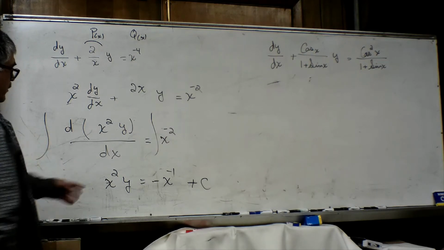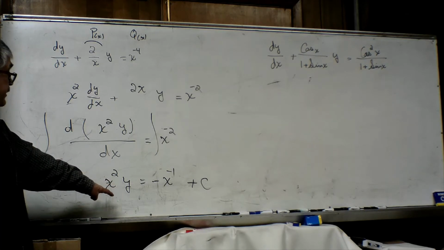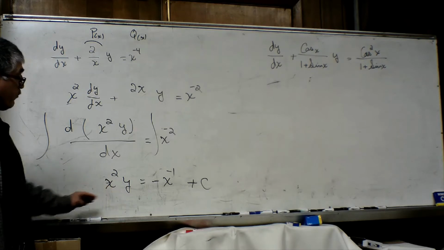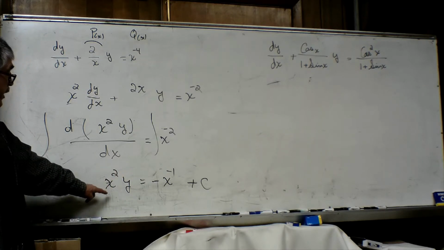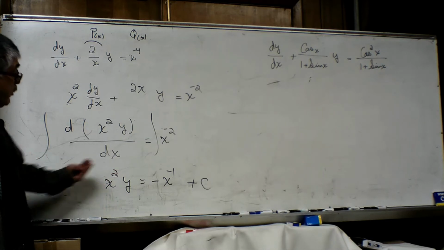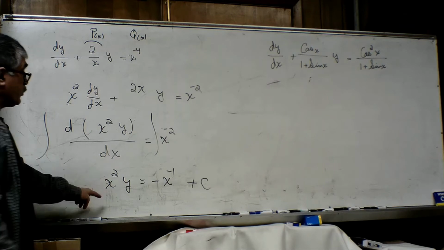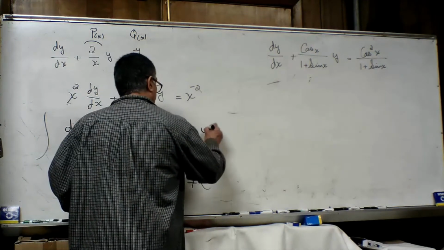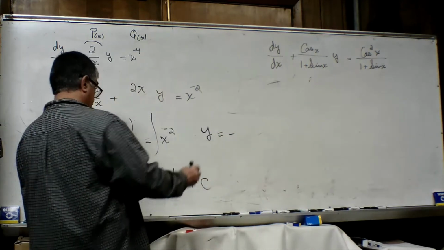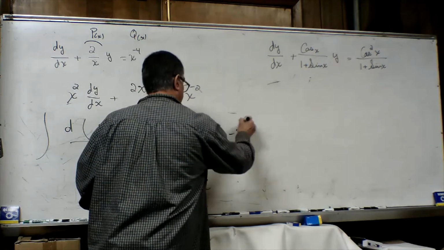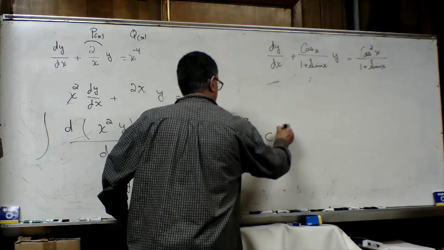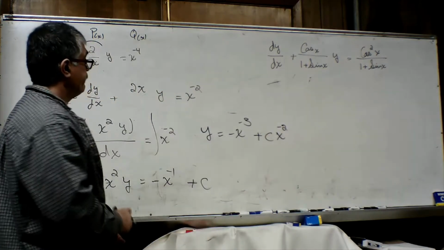Then the last step, step 4, is to solve for y. In order for us to solve for y, we divide both sides of the equation by x squared, or we multiply both sides by x to the power minus 2. So we are going to have y on the left side equal to minus x to the power minus 3 plus c x to the power minus 2.